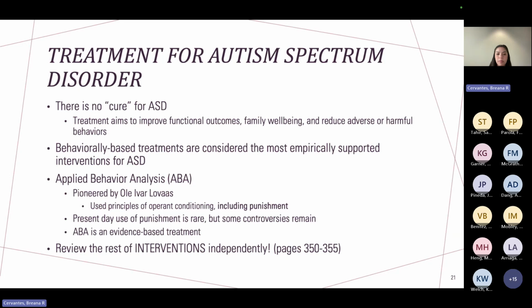And so it's really the use of punishment that gets discussed a lot in, I think, the controversies. But in terms of what the other principles are, I think all of that is rooted in behaviorism that's used across multiple different treatments. So again, the evidence base is not the thing that I think is at question here. And it's not at question in terms of research either. It's more about how people feel about implementing punishment or using principles of operant conditioning.